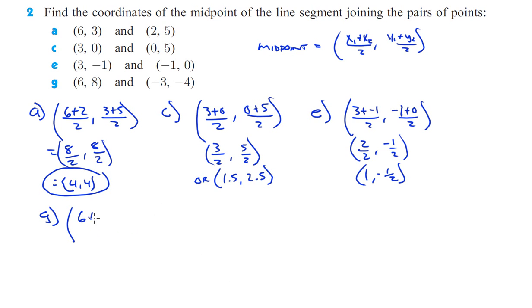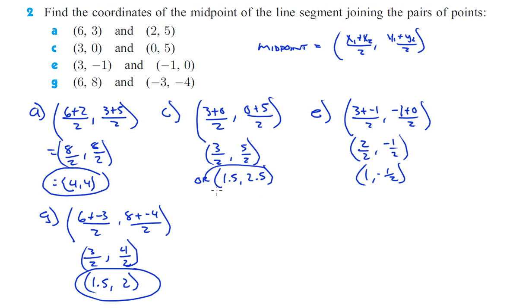So 6 plus negative 3 over 2, and 8 plus negative 4 over 2. That's better. So that's going to be 3 halves, and then 8 minus 4 is 4 halves, right? Which is, again, you can leave it as 3 halves or 1.5, and then 4 halves is 2. So there's that midpoint there. Okay? So these are all of our midpoints.